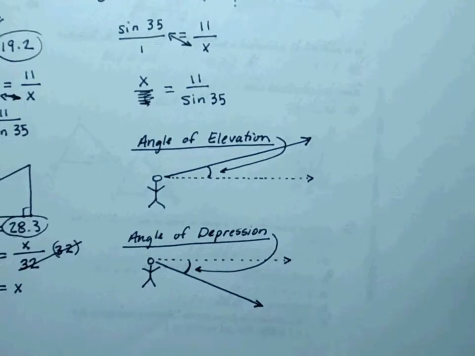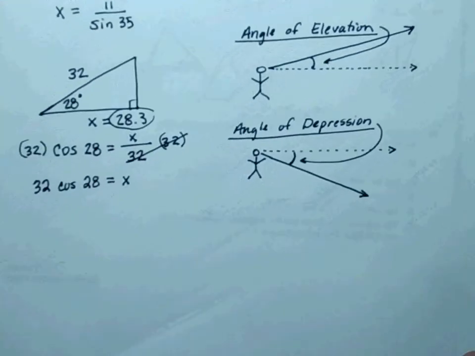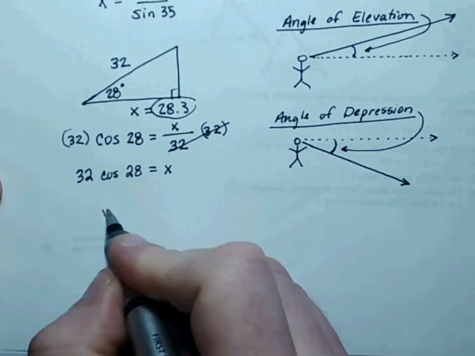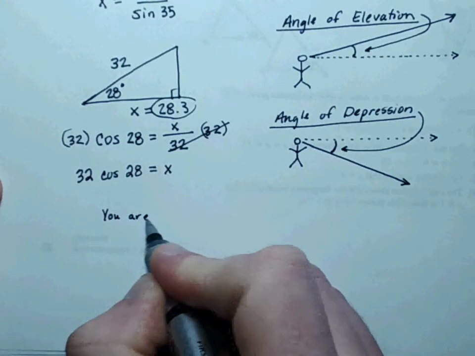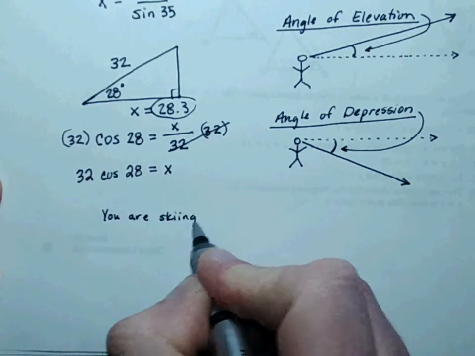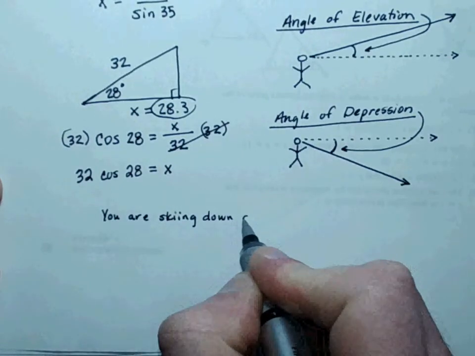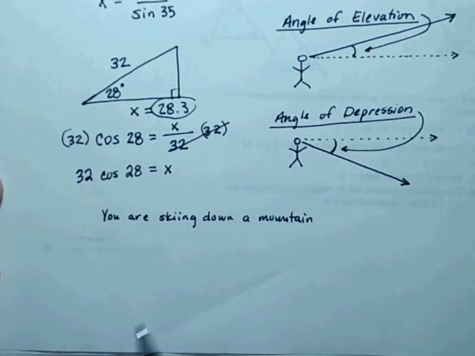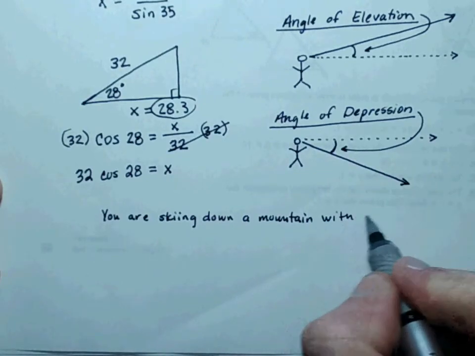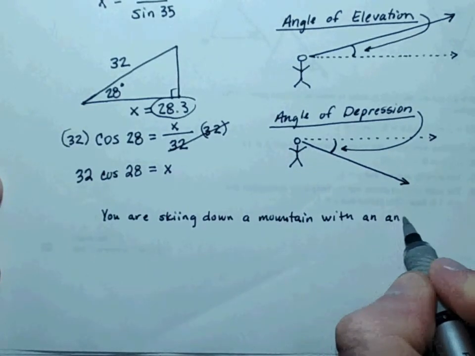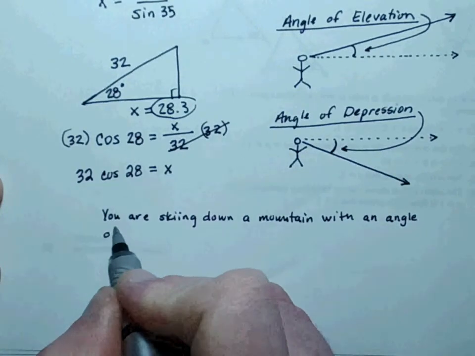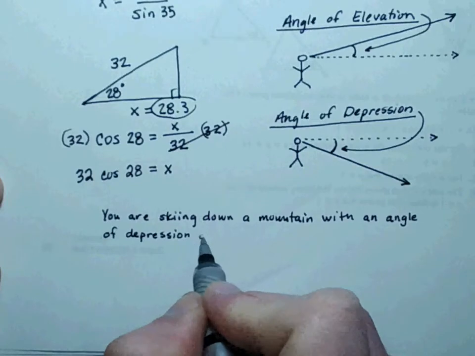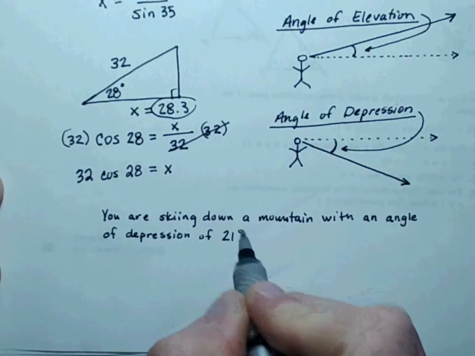Alright, so we're going to look at this word problem. Okay? It says you are skiing down a mountain with an angle of depression of 21 degrees.